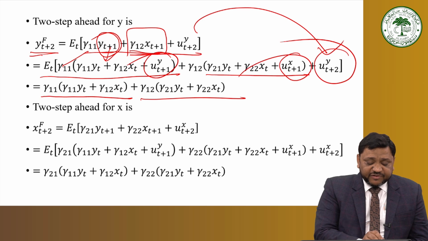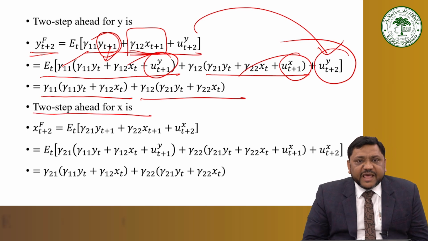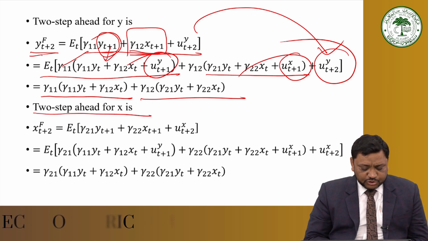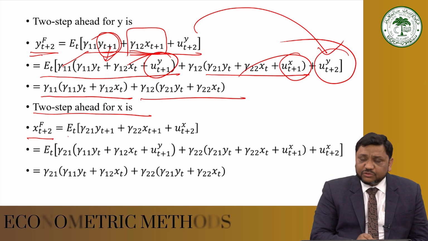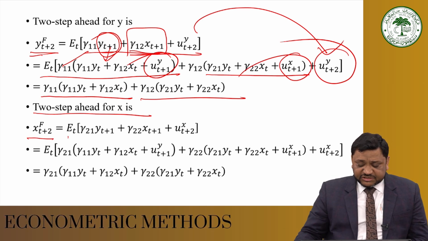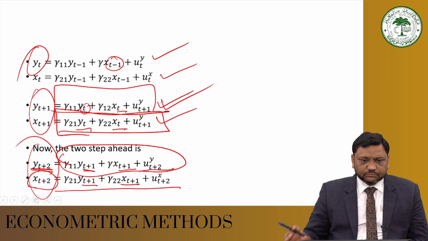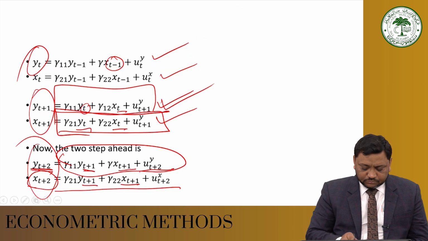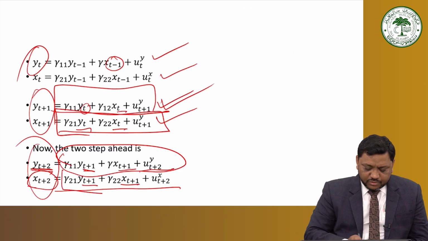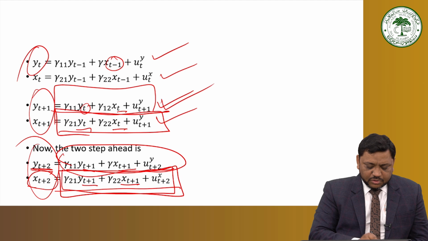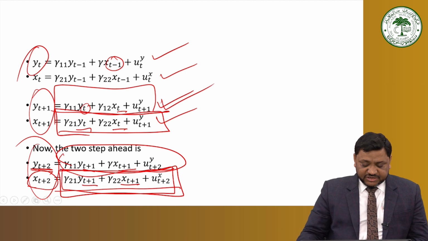Now, similarly, we will derive the two step ahead forecast for x also. So, x forecast t plus 2 is equal to the expectation of, now xt plus 2 we have over here. This is nothing but our xt plus 2.